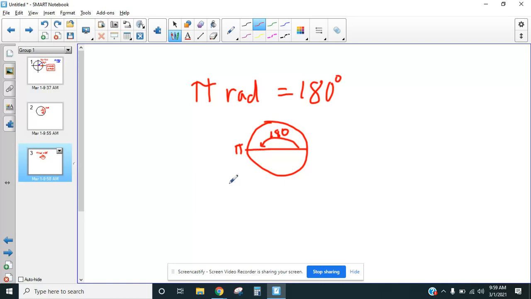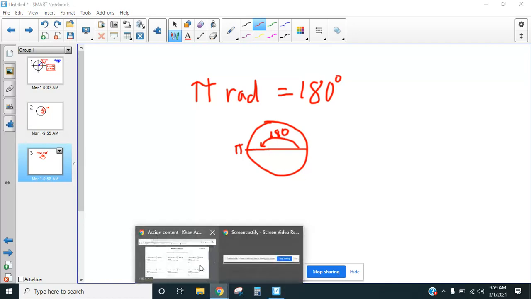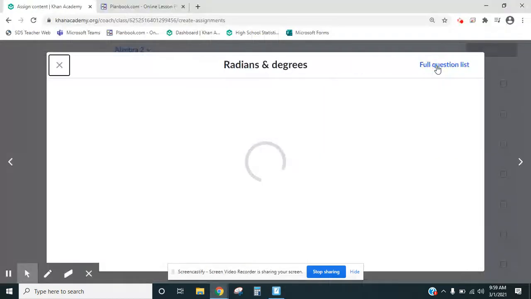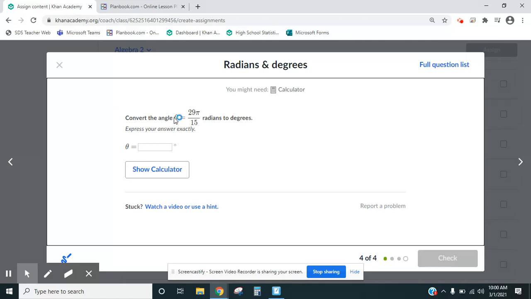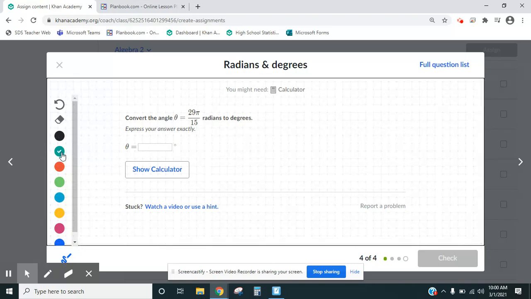All right, so on this assignment, we're going to go back and forth between radians and degrees. We're going to convert. So let's do one of these right now. Convert this angle, which is in radians, into degrees. Now, remember what I said. I'm going to do this a little bit differently than what Con might show you in the notes.